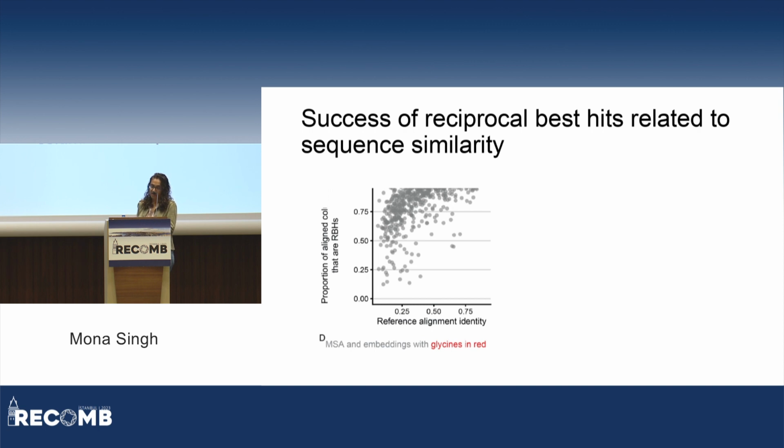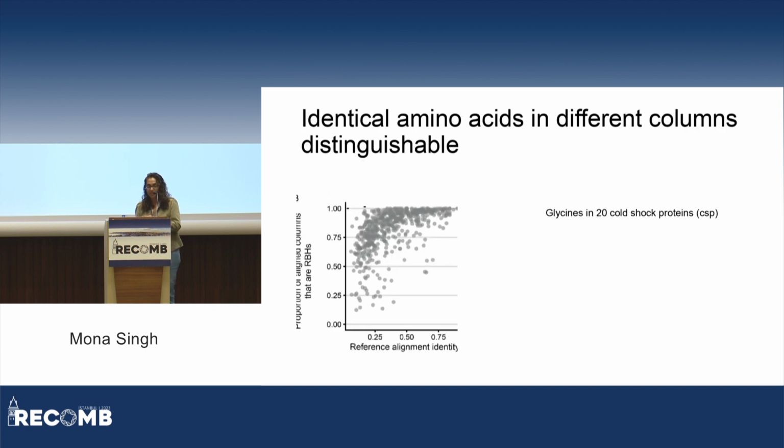What you see is that more than 90% of the gold standard alignments have at least 50% of the columns as reciprocal best hits. So these embeddings really do capture something pretty interesting. Then you can see that the success of the reciprocal best hits is related to sequence similarity, as you might expect.